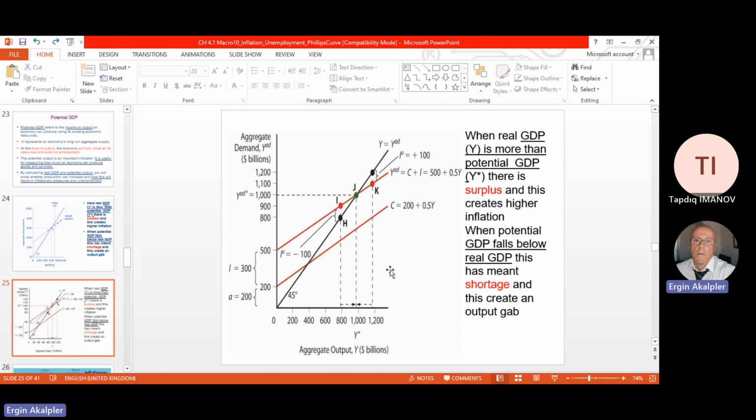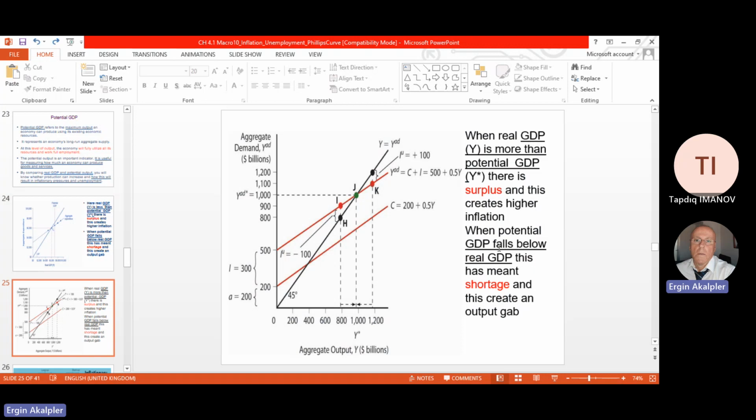And when we are looking at the applied model, which we calculated, and I put here to show you a little more comprehensively, when real GDP, which means Y, is more than potential GDP, there is a green dot here. As you see, this is the Y potential. There is a surplus because the output is realized on the right side, and this means there is a surplus and this creates higher inflation.